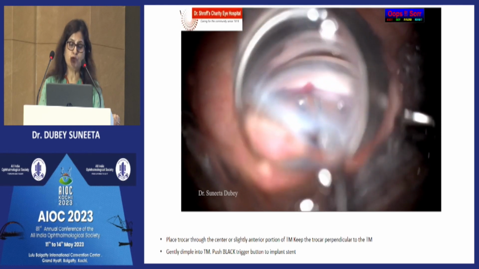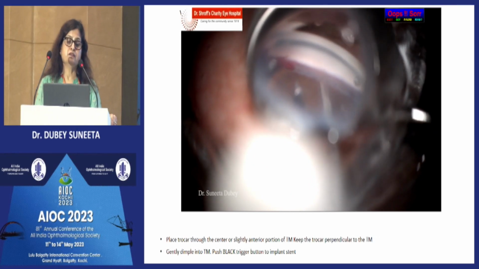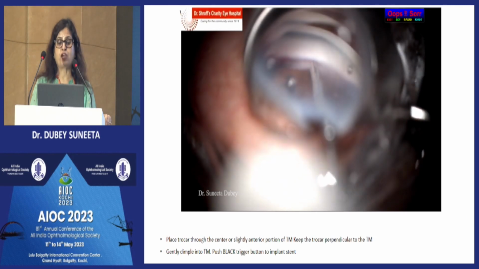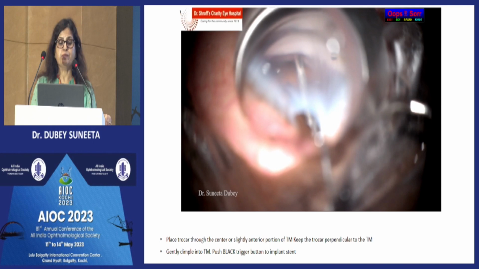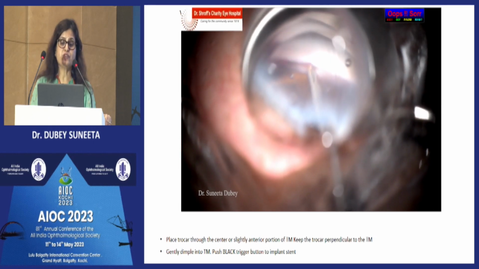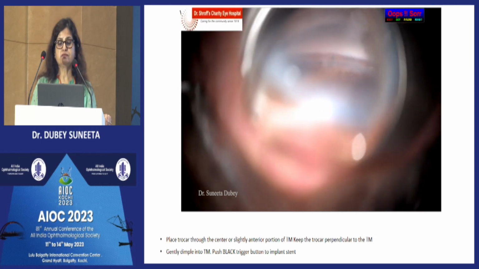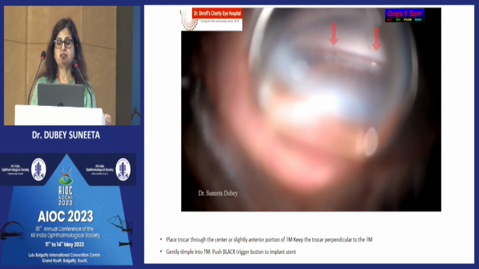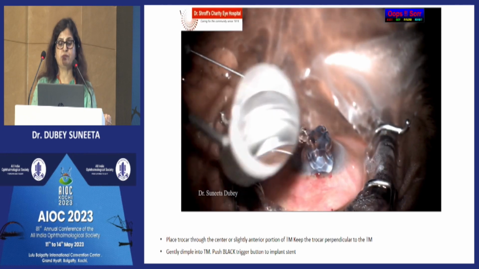It should not be too much or too little, and this reflux of blood is a good sign that you're close to the aqueous vein, and then just move 2 to 3 millimeters away and implant another device. So it comes with 2 iStent injects. And then just check the position of the implants intraoperatively only, that they are nicely placed in the trabecular meshwork.